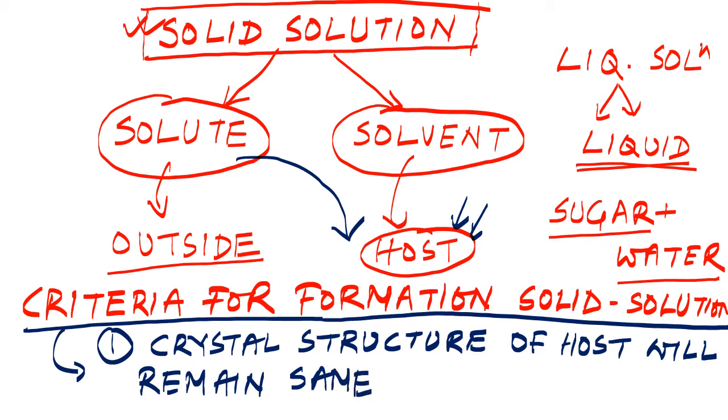If you have a host, for example FCC, it has to stay FCC, whatever the amount you add as a solute. Or if it is a BCC, it has to maintain the same crystal structure. So this is the first criteria.